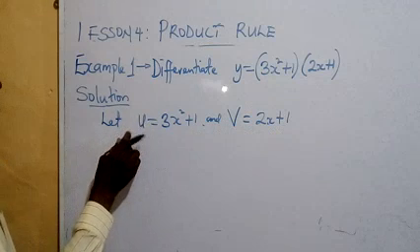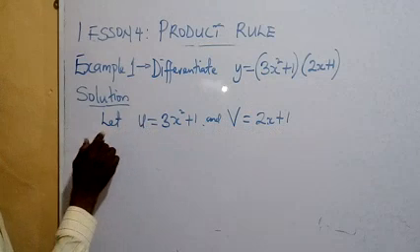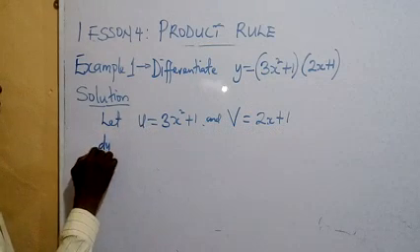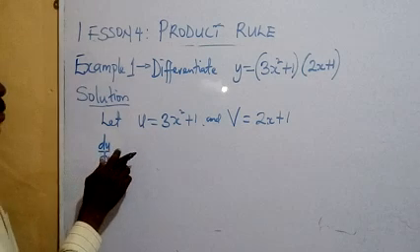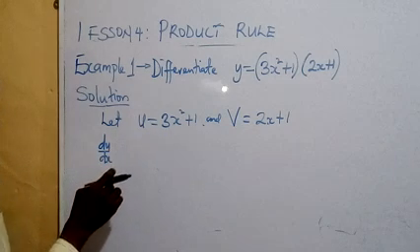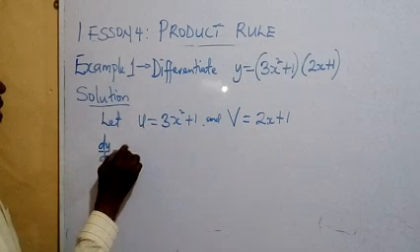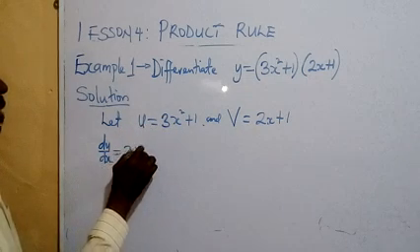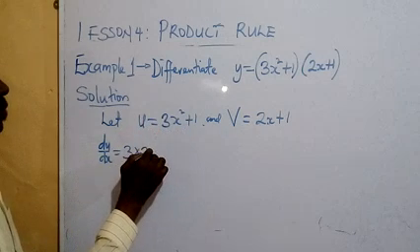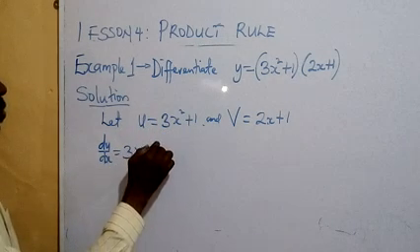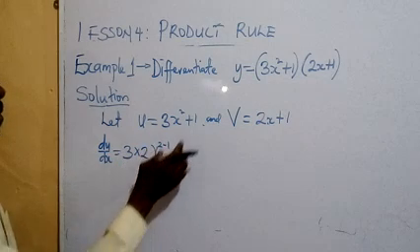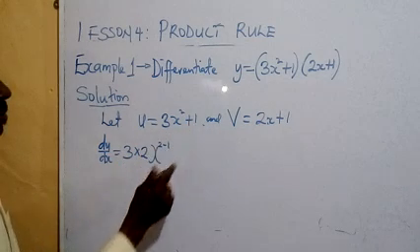We need to differentiate the first one first, where we have the u. We are differentiating with respect to x. For du/dx, it will be 3 multiplied by 2, you have x raised to the power 2 minus 1. We are not dealing with this constant.